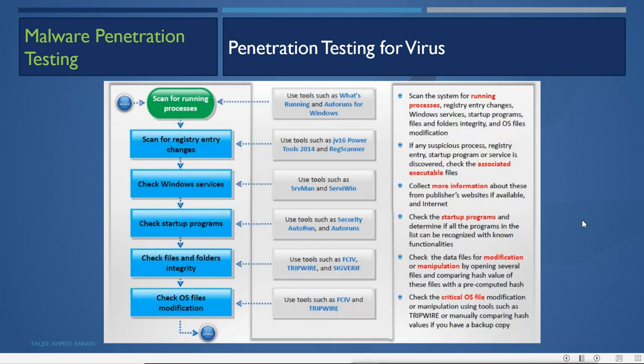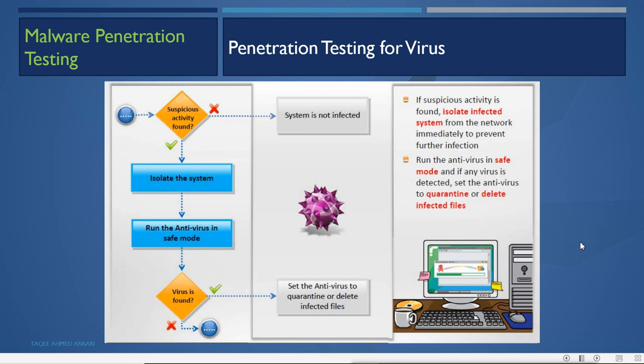Then scan for running processes, scan for registry entry changes, scan for Windows services, startup programs, and files and folders integrity, and check OS file modifications. If suspicious activity is found and the system is infected, isolate the system, run the antivirus in safe mode, and if a virus is found, set the antivirus to quarantine or delete infected files.